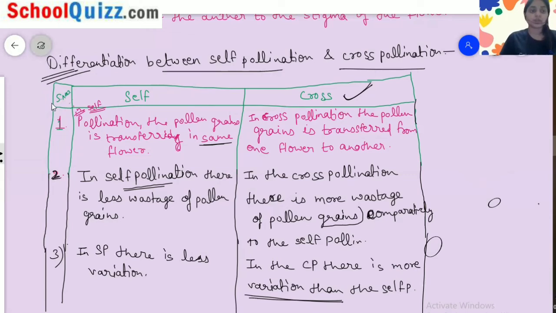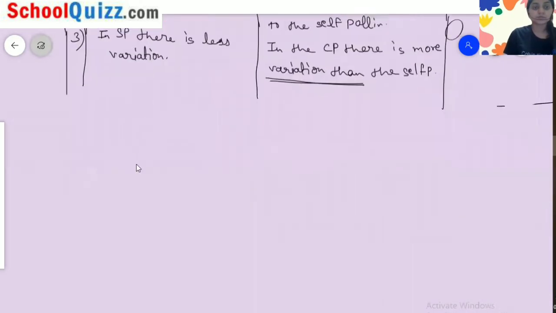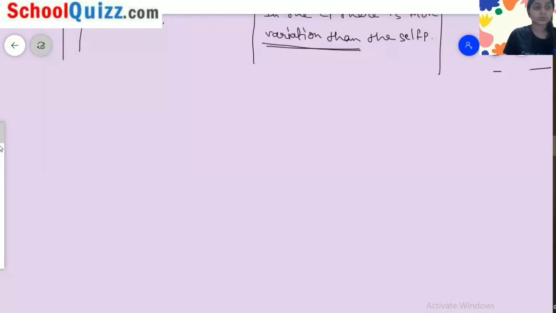Now we will move to the significance of pollination.